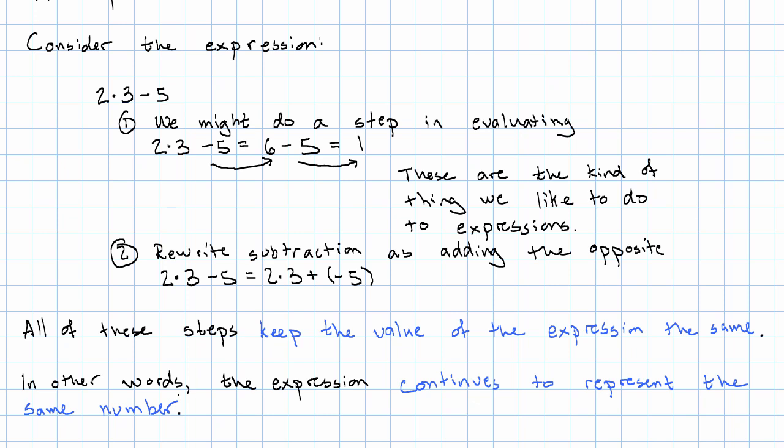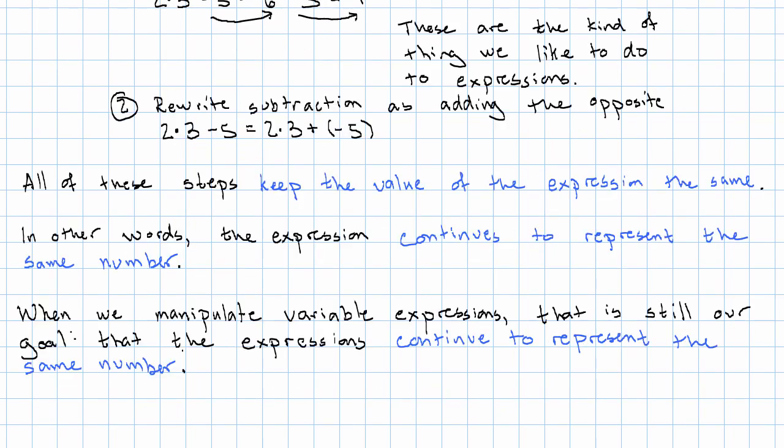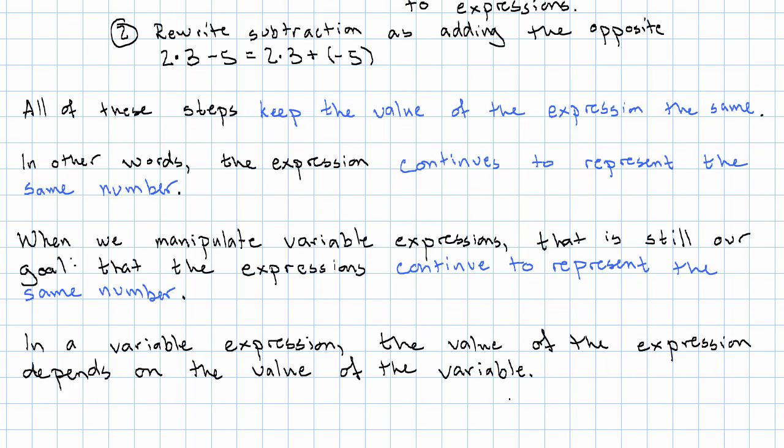As we expand to work with variable expressions, that continues to be our goal. That as we manipulate them, the expression continues to represent the same number. But that's a little bit more complicated with variable expressions, because in a variable expression, the value of the expression depends on the value of the variable.